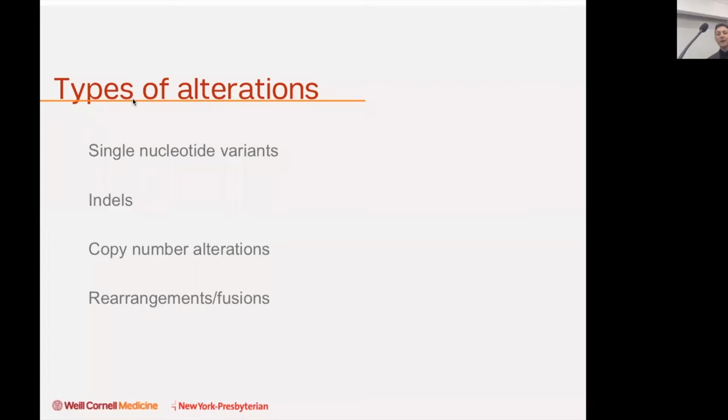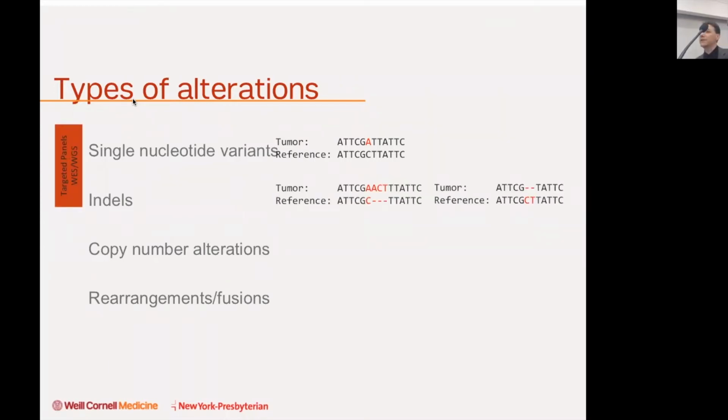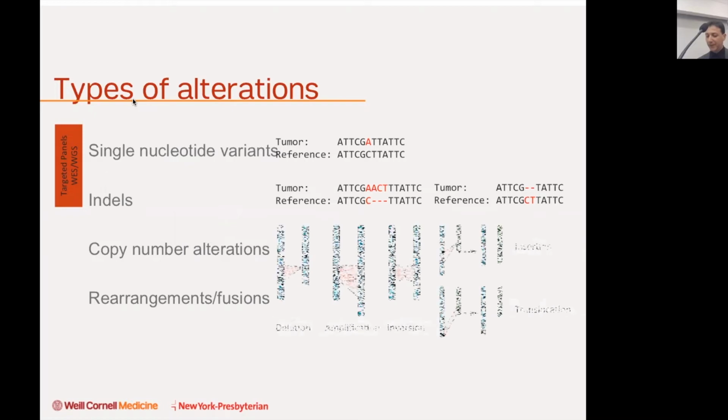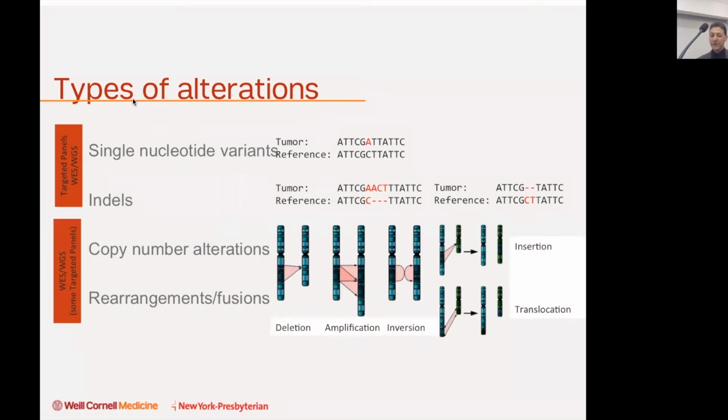The types of alteration that we are looking at are different, as I indicated here. We have single nucleotide variants, so some typos in the tumor genomes compared to what it should be, that alter the function. And also small deletions, so missing a few letters or adding a few letters. Copy number alterations, which is basically the same concept as indels, but on a much larger scale.